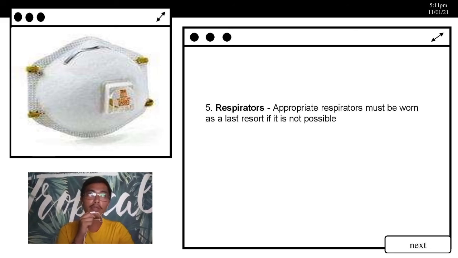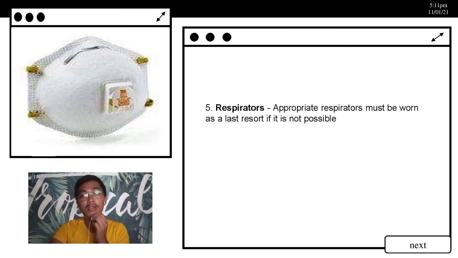When are we going to use these? When you are working again with live animals or infectious materials with known airborne transmittable disease, dusty environments, chemical vapors, and particulates.